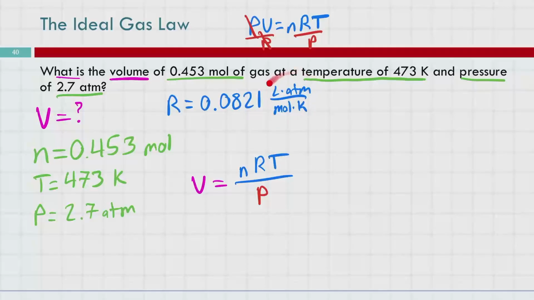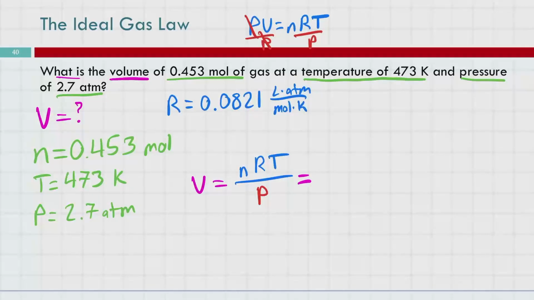So look at our R value units. Do we have liters? Liters would go with volume. Do we have atmospheres? We have atmospheres. Do we have moles? We have moles. Do we have Kelvin? We have Kelvin. So our units match up. We don't have any conversions to do. This is the sort of ideal gas law problem that we like.